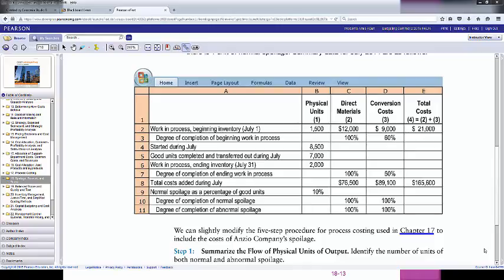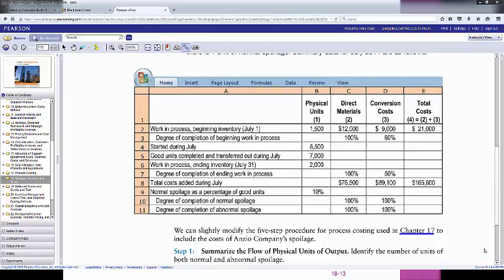In regards to conversion cost, however, these units have only been processed up to 60%. Therefore, we're going to work on those units and finish them up 40% more to get them 100% completed and make them into finished goods units.